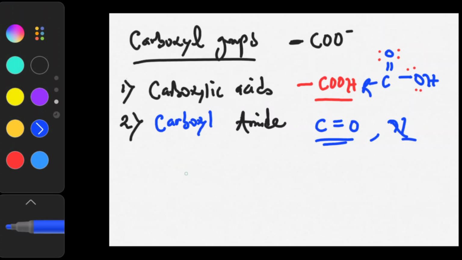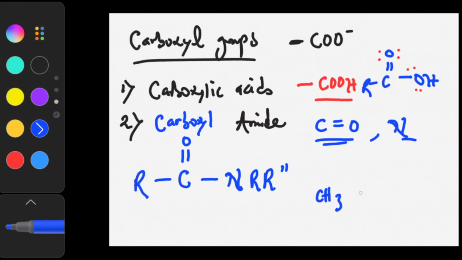So basically, we usually have the carbonyl group represented this way. So when it is attached to a nitrogen, and usually here is an alkyl group, all right, and this nitrogen can be attached to other alkyl groups. All right, so this is just what it means. So if we have something like CH3, okay, with the carbonyl group attached to nitrogen, we can actually have here CH3 or CH2CH3.